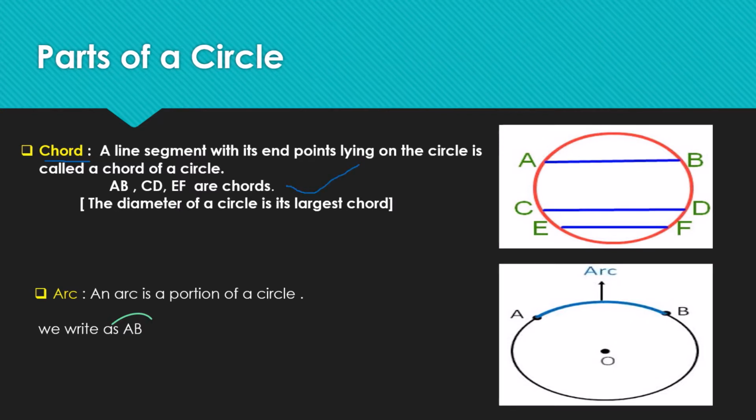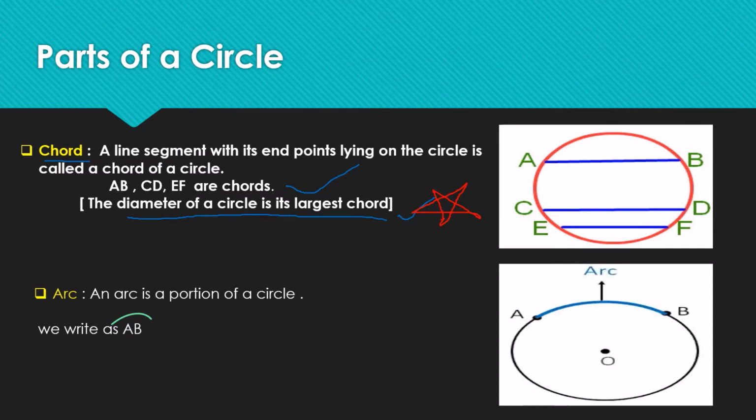See clearly? Each is called a chord of the circle, and from this concept you will find that the diameter of a circle is the largest chord. So this is a very important point. You must remember diameter is the largest chord of any circle.